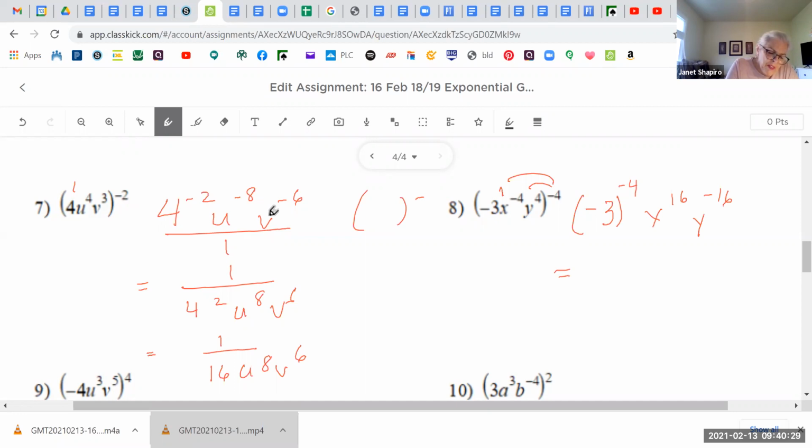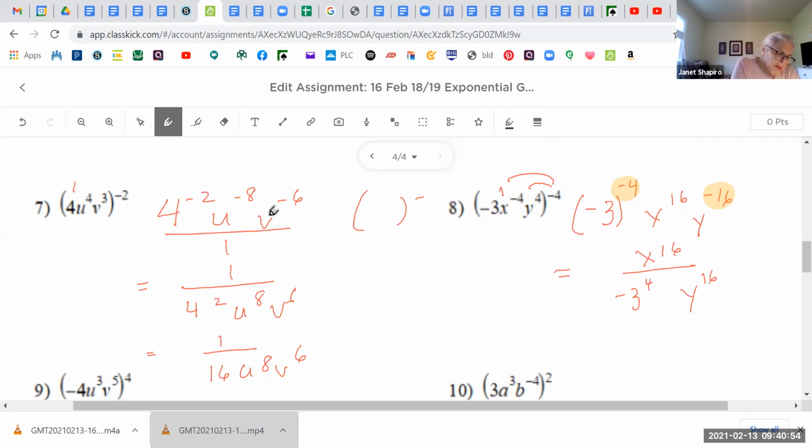So I need to rewrite that. My negative powers go in the denominator. So I have x to the 16th left in the numerator. I have a -3 to the 4th power and a y to the 16th power.